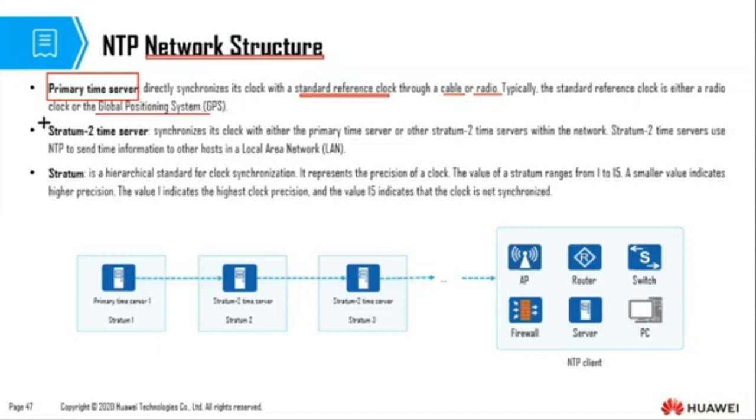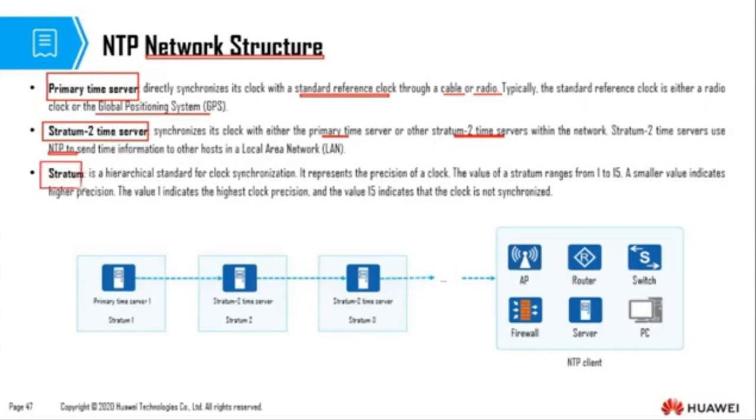Then you can also have a Stratum 2 time server. This one synchronizes its clock with either the primary time server or other Stratum 2 time servers within the network. Stratum 2 time servers use NTP to send time information to the hosts in a local area network. So this one will get time from the primary or from its peers and send the time to LANs.